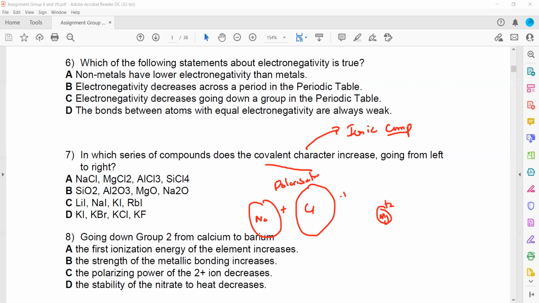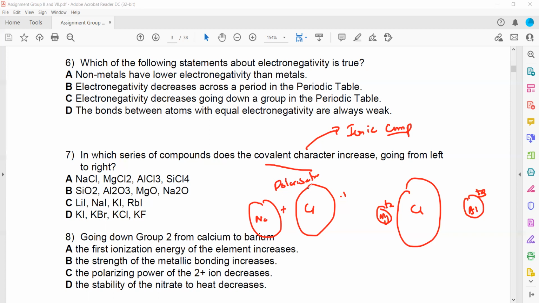As we are going from left to right, so magnesium chloride is there, then aluminium. So what happens is the charge is increasing and the electronegativity is also increasing.